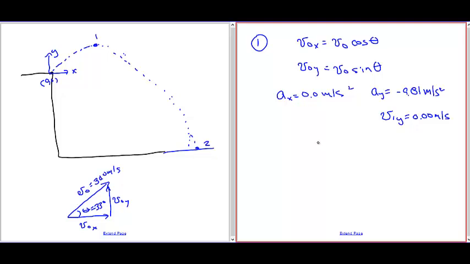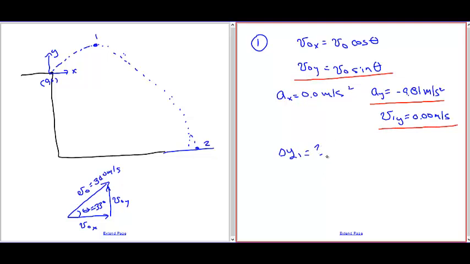So all I have to do is figure out delta y. I want to find delta y sub 1. But I have three things here. I have v0y, which I can calculate. I know the acceleration in the y direction. I know the final velocity in the y direction.